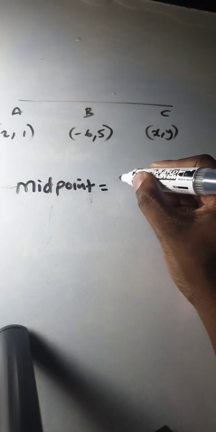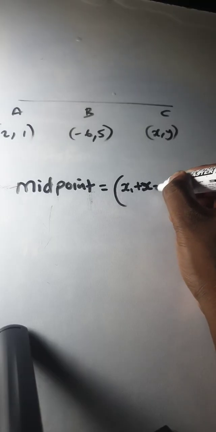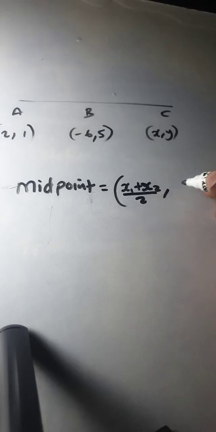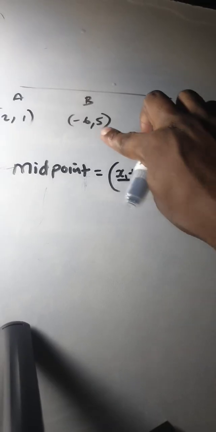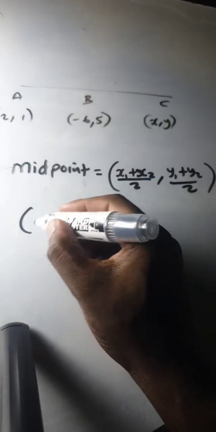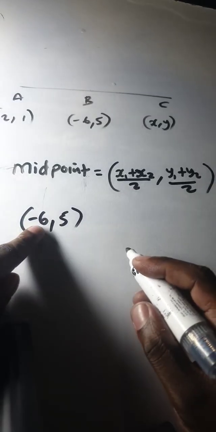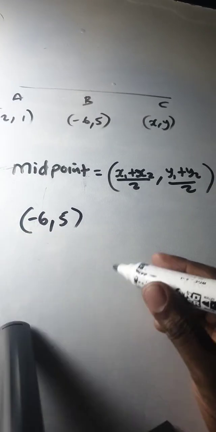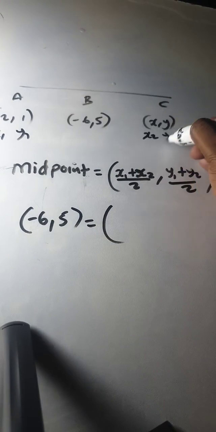The midpoint is equal to x1 plus x2 over 2, comma, y1 plus y2 over 2. This is the formula for the midpoint. Since the midpoint has been given as negative 6, 5, where negative 6 represents x and 5 represents y, this will be our x1, y1, x2, y2.